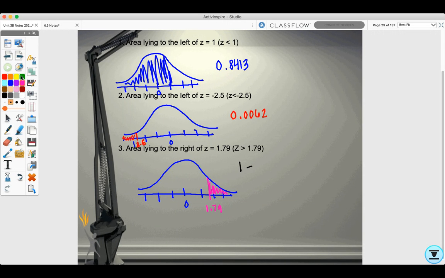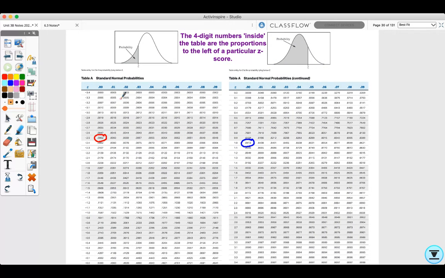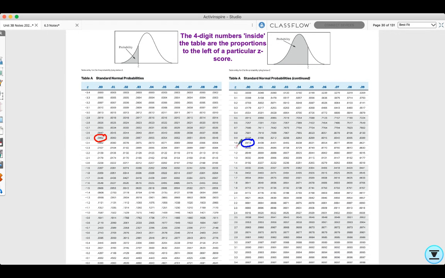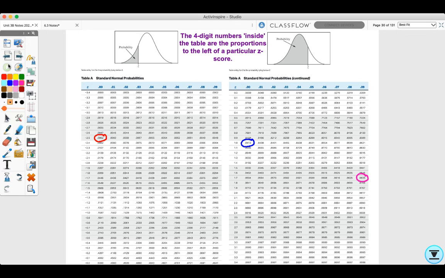So I go into my table, and I look for 1 over here. Then I need to go down to 1.7 and all the way over to 0.9, and I have 0.9633.